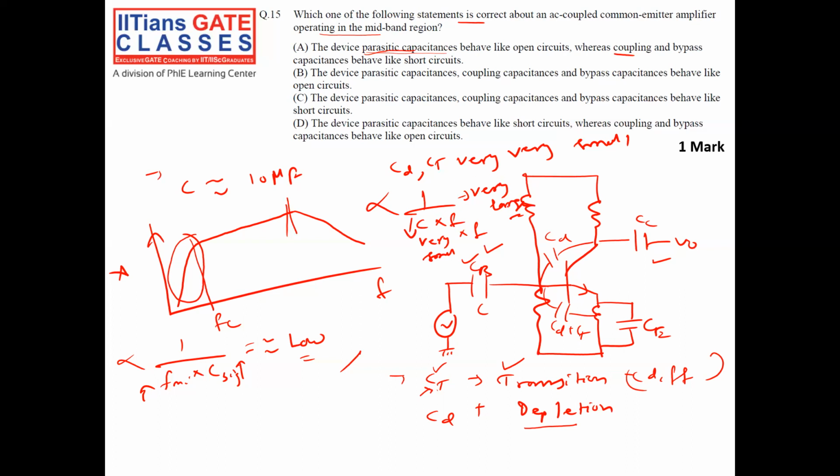So this can be treated as an open circuit. The parasitic capacitance behaves like an open circuit, and the coupling capacitor behaves like a short circuit.